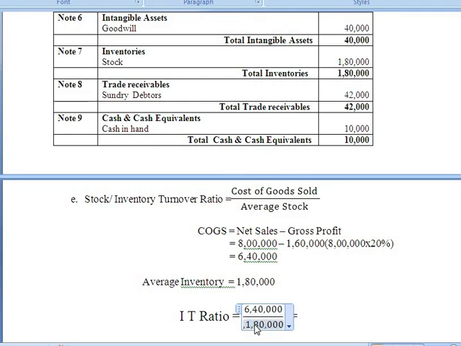So 6,40,000 divided by 1,80,000 is equal to 3.55 times, or 3.55 to 1.